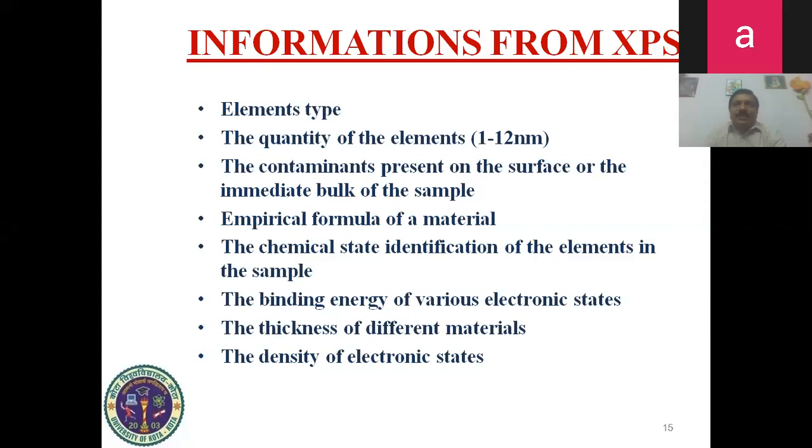Like if an element can have 2 types of valence state, +3 and +4, then we can easily identify it with this XPS spectrum. Binding energy of various electronic states we can identify. Thickness of different materials we can identify. Also the density of electronic states.